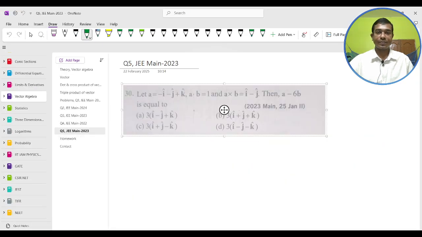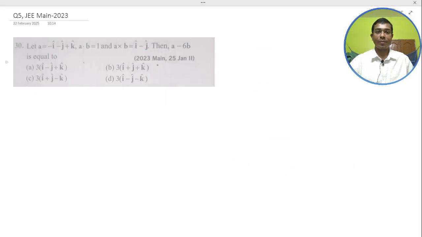Next question. Question number 5 is very important. JEE Main 2023 MCQ. Let A be minus i minus j plus k, A · B equal to 1, A × B equal to i minus j. Then A minus 6B is equal to what?